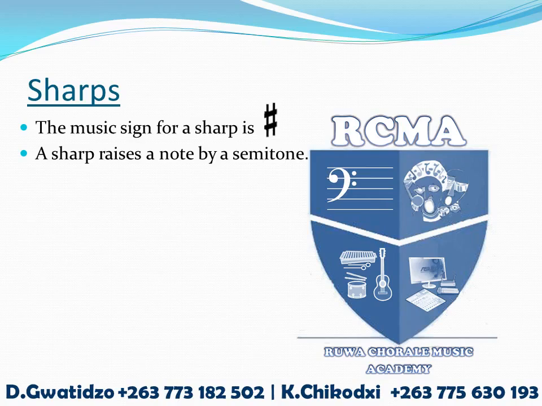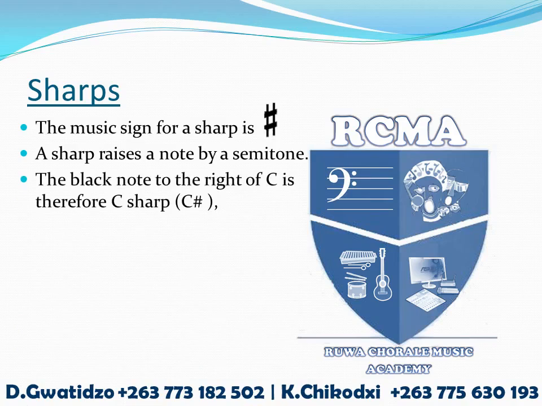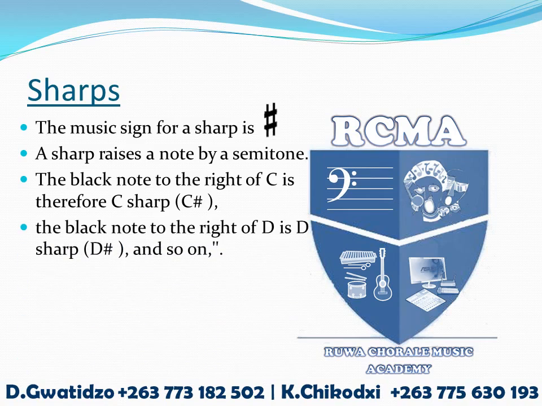Likewise, the black note to the right of a C is the C sharp, the black note to the right of a D is a D sharp, and so on. This is the diagram showing that. We've got 5 sharps in music: C sharp, D sharp, F sharp, G sharp and A sharp. Okay, now I'm sure that is understandable.